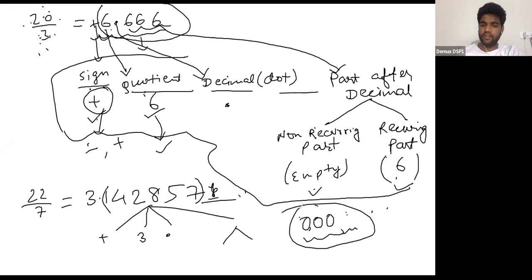Will you repeat the process for the zeros also? No, right? Everyone knows this. You will not repeat the process for zeros. Whatever remainder you get, you keep multiplying it by 10 until it becomes greater.